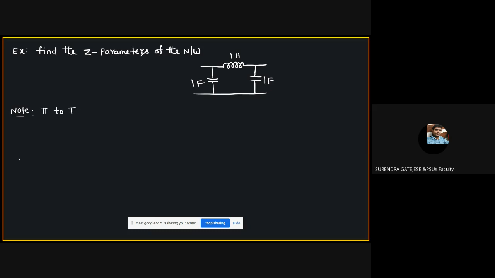According to pi to T transformation, see for example, this is the pi network. This is YC, this is YA, and this is YB. In terms of admittances, I'm telling.